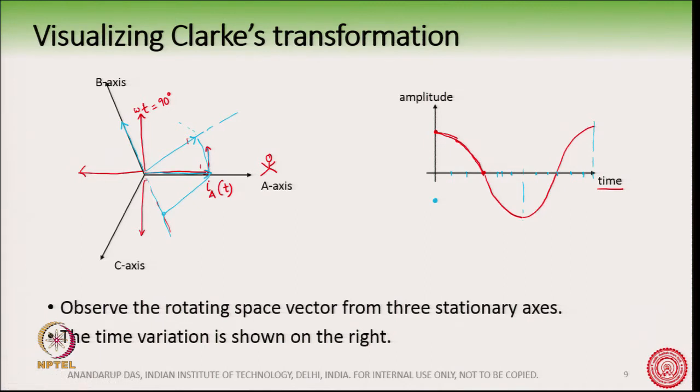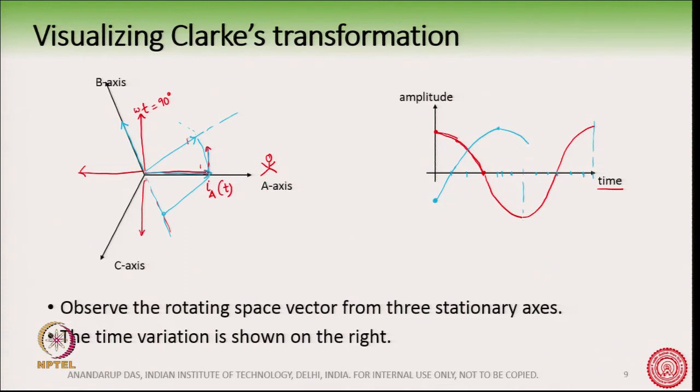We can do it like this: the peak for the B phase will happen after 120 degree in time, here, and then it will follow like this.